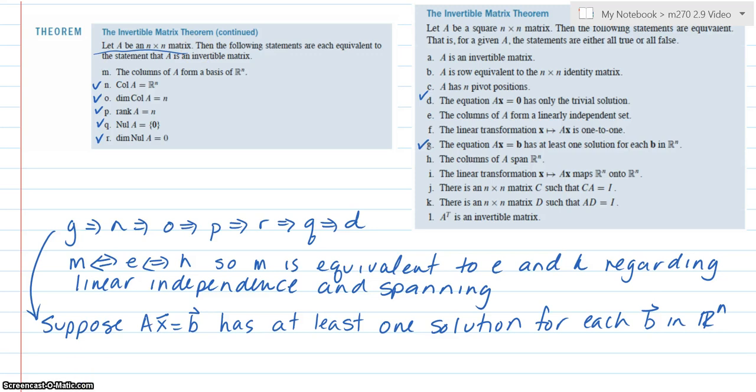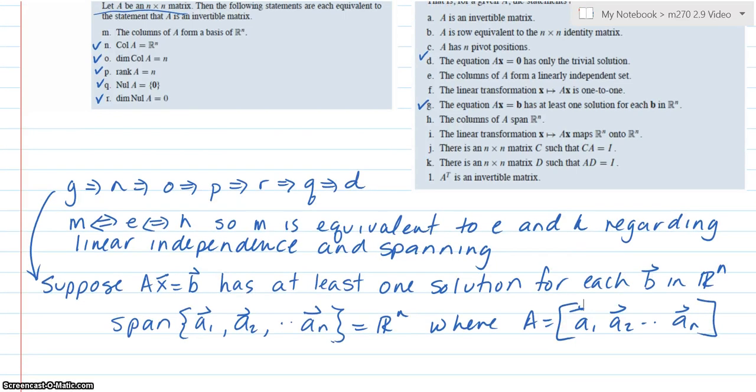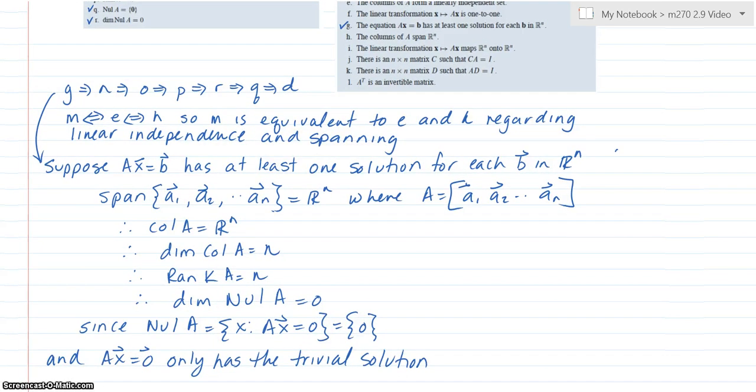So therefore, the span of the columns of A, a1, a2, all the way to an, is Rn. By definition, that is the column space of A. So we get the first one, we get N. And the rest just follow.